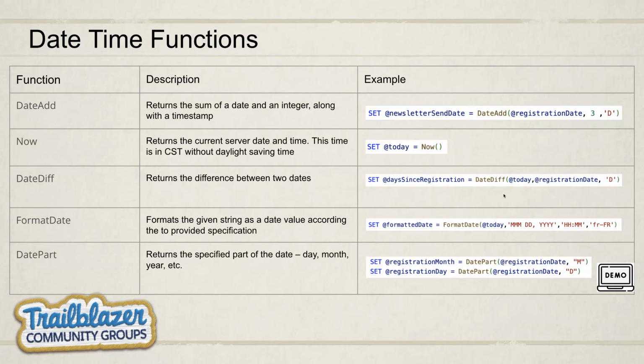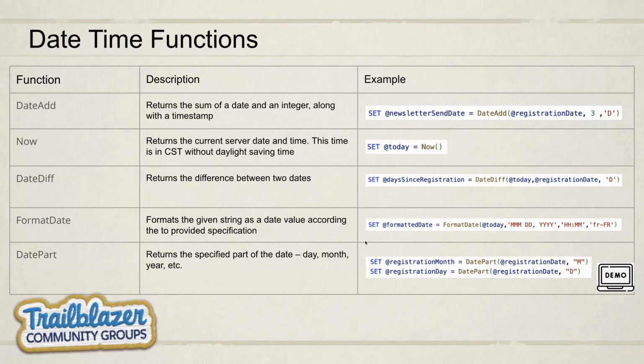However, if you want a difference in months, say you pass in a month in January as the first parameter and the month in February as the second one, you would pass in M as the third parameter there, and you would get a difference of 1. That makes sense. These are pretty straightforward functions.